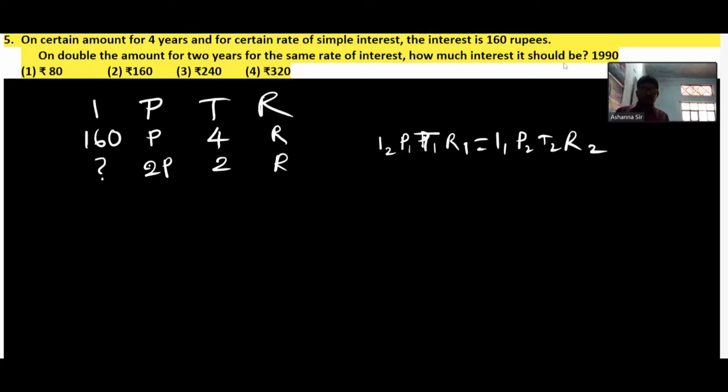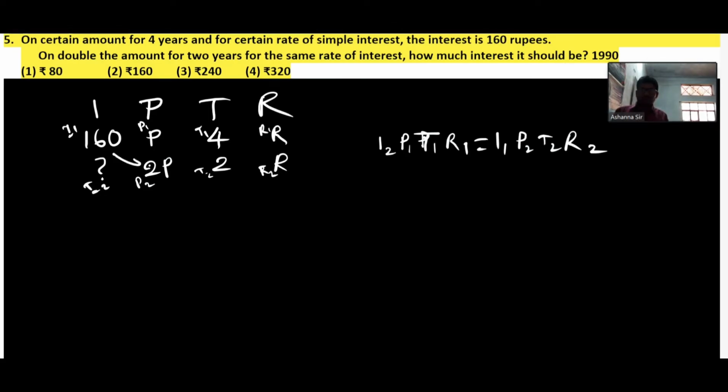So this is the relation among I, P, T, R. This is I1, P1, T1, R1. These are I2. You have to find P2, T2, R2. So this is the relation formula.